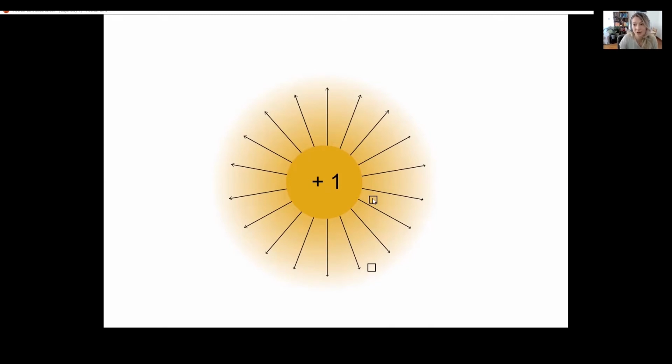Or if it's moving the other direction, how much energy we can use if we get the positive charge moving from here to here. That tells us a couple of things. First of all, it ties in with our definition of electric potential difference being the thing that drives a current, because a current is a moving charge. And if we're moving our charge, this will tell us how much energy that's going to either require or provide.